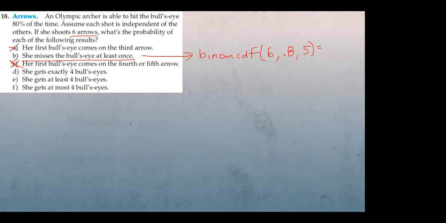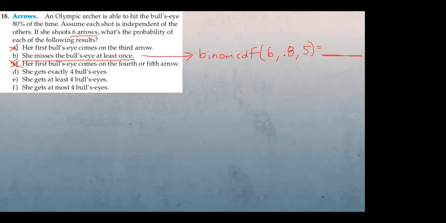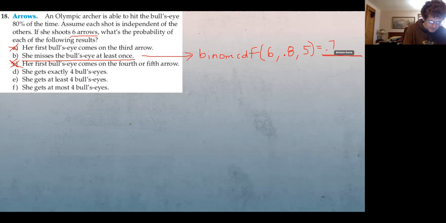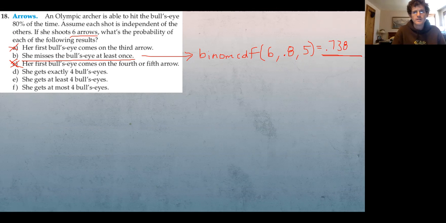What is the actual probability of missing at least once? 0.738. There it is, 0.738. Now, there was an alternate way we could do this, and maybe for some of you, this is how you thought through it in your head.